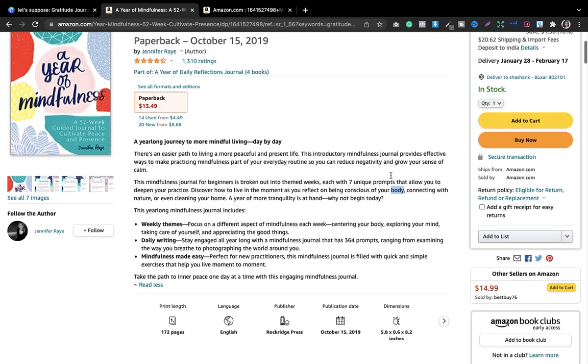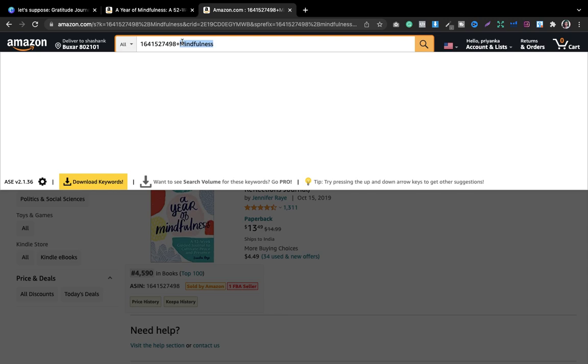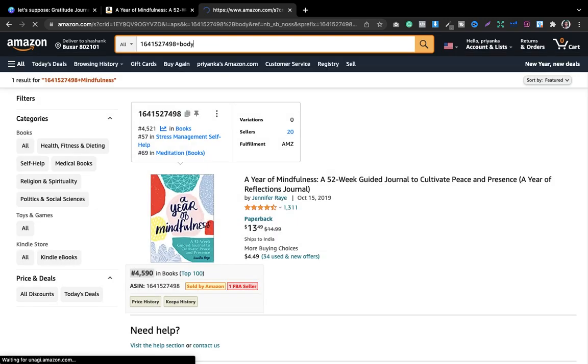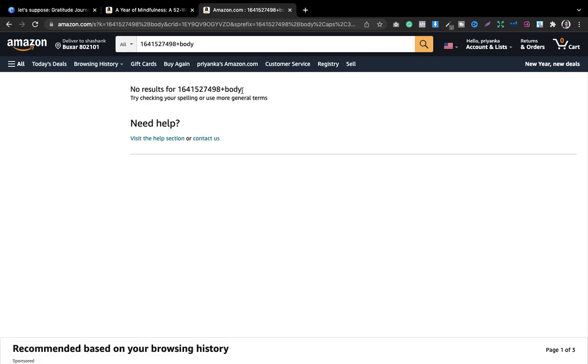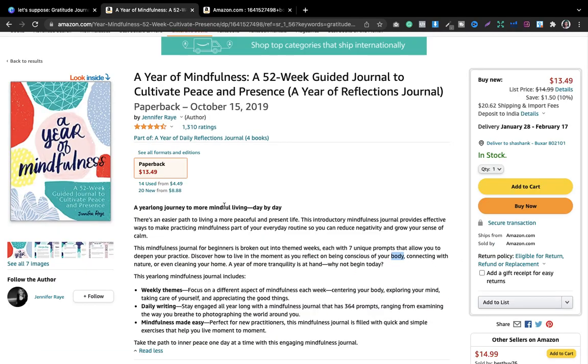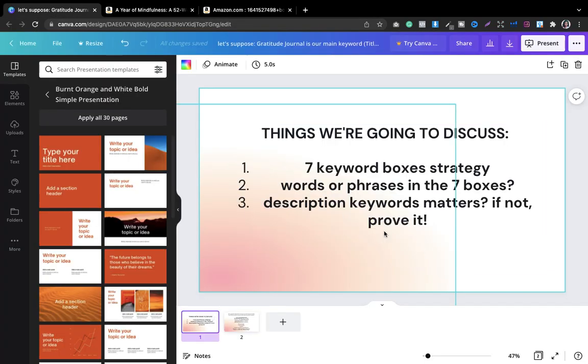I want to see if it is ranking for body or not. I will just put body, and you will see no results for this book with the body. That means Amazon is not taking any care of this keyword that they have used in the description. This is the first thing that I have just discussed. That is our third part.